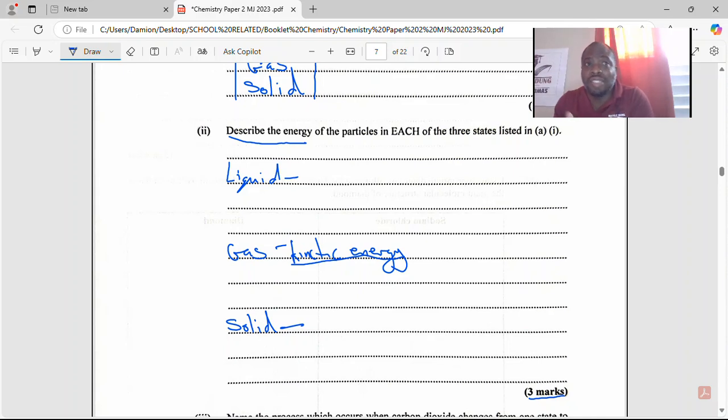But those things are different properties. If you look at the tables that they provide, arrangement of the particles, that's when you talk about closely packed. Movement of particles, that's when we talk about vibration. If you add it, we still want to hear something specific about the energy. Yeah?